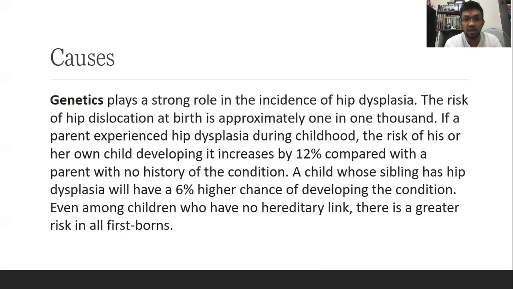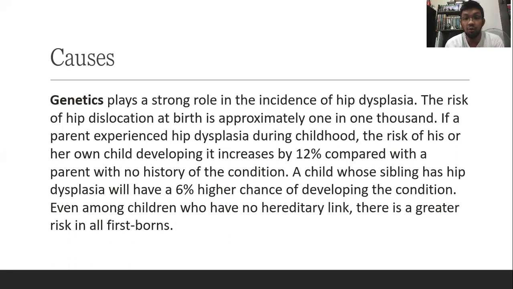If a parent experienced hip dysplasia during childhood, the risk of his or her own child developing this would increase by 12% compared to a parent with no history of the condition. And a child who has a sibling with this condition has a 6% higher chance of developing it.